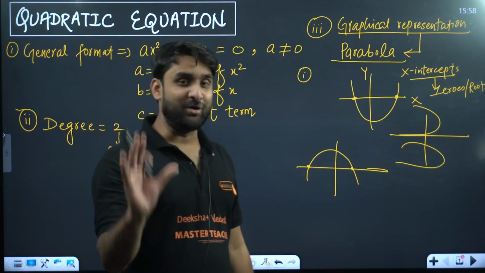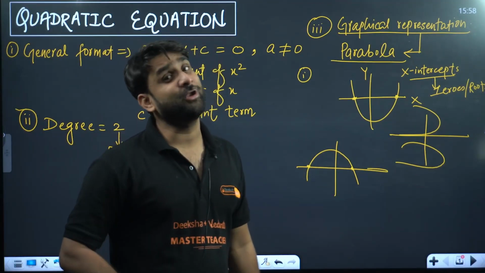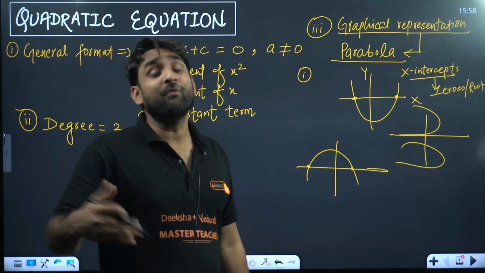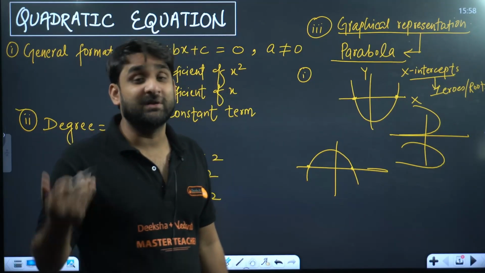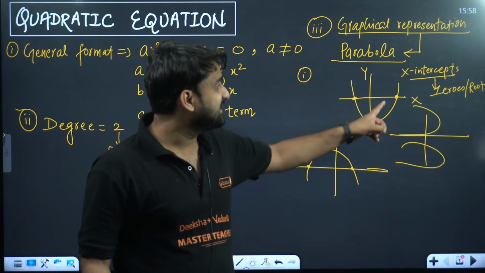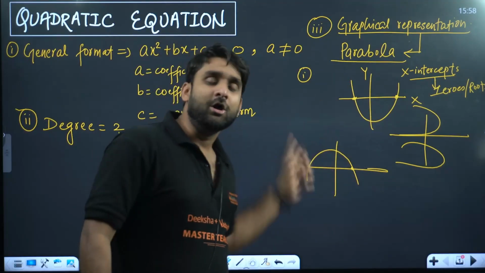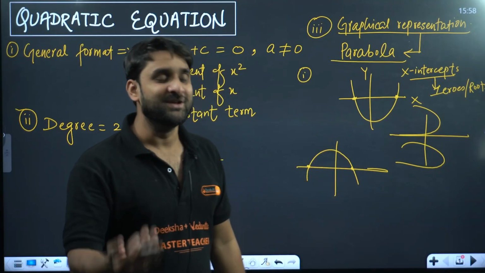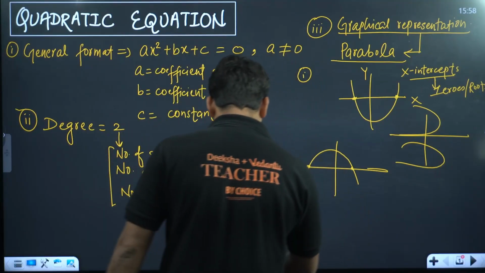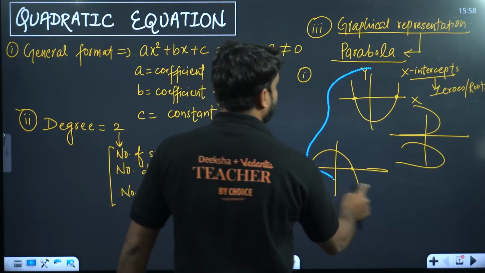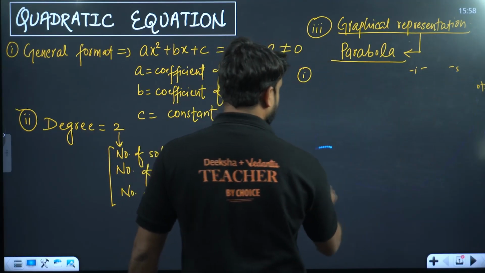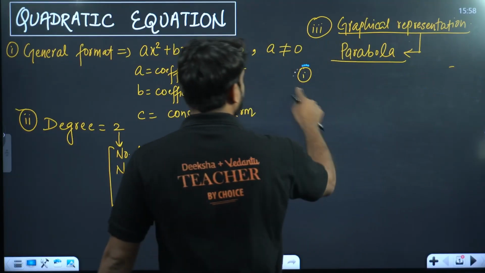Now, one more confusion may be coming into your mind, sir, how will we be able to decide whether the quadratic polynomial will have this type of graph or this type of parabola, upward parabola or downward parabola? How to decide this? So let me give you a very important piece of information.